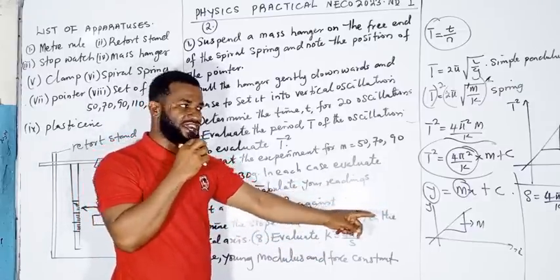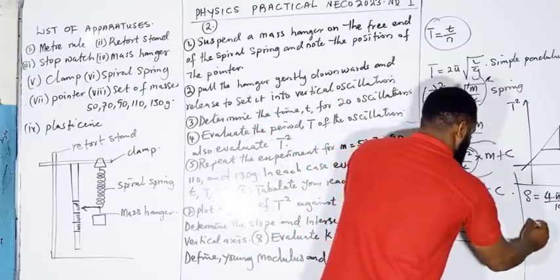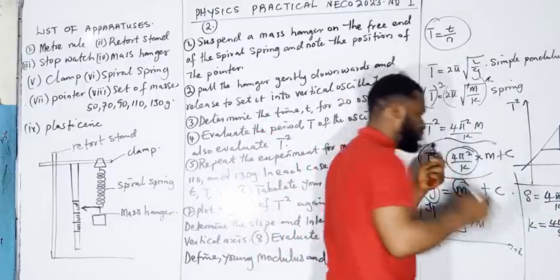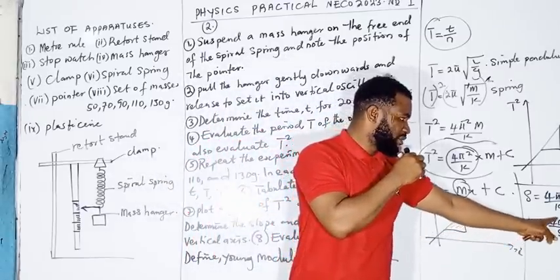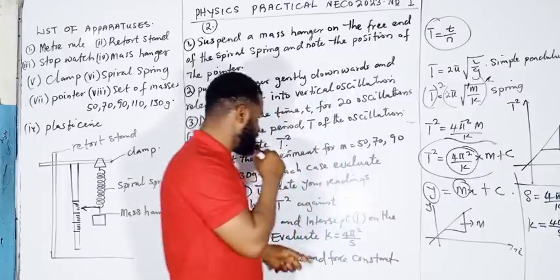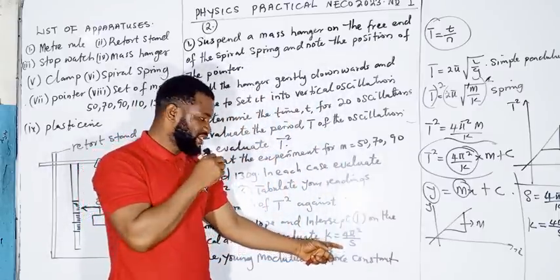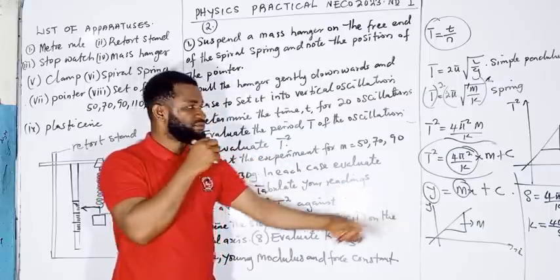The k there is our spring constant. Then I'm going to say that k, which is spring constant, is 4 pi square all over my slope. In order to find our own spring constant, I'm going to do 4 pi square all over s. Therefore, what they want you to evaluate, they want to know your spring constant. And that is gotten through your slope when you find your slope.